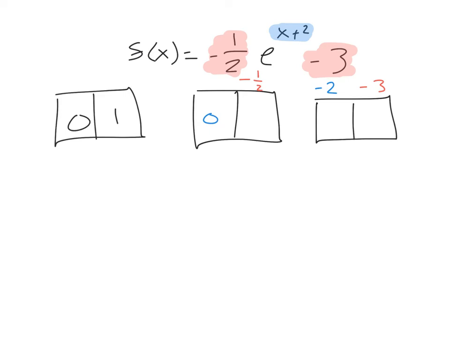And then for the 1 times a negative 1/2, that's going to put me at a negative 0.5, right? Then we're going to subtract 2, okay? So 0 minus 2 is negative 2. And then negative 0.5 minus 3, that's going to be a negative 3.5, okay?